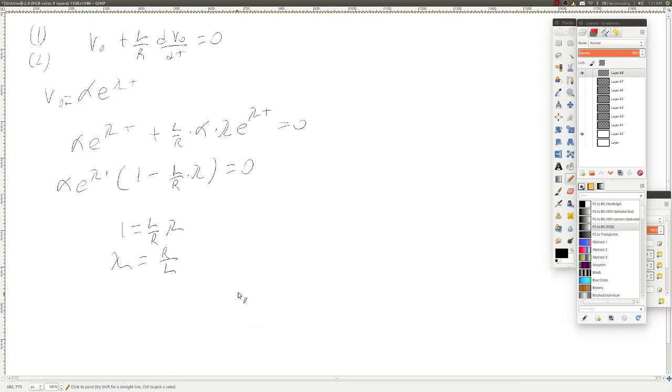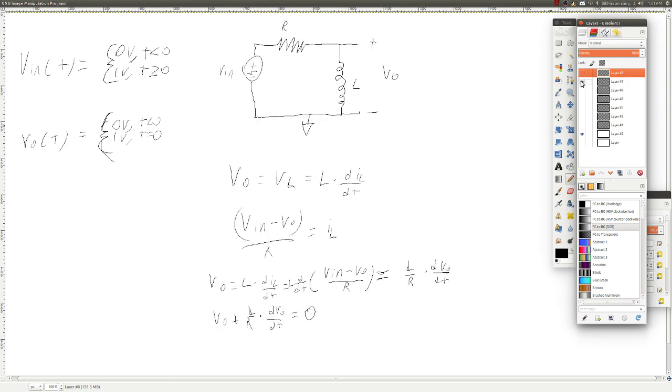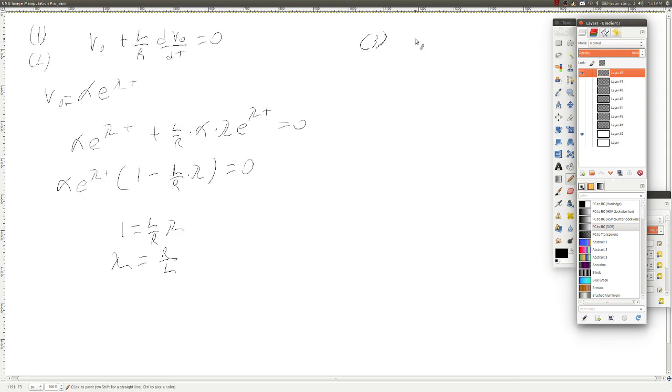We don't have a forcing term, so we can jump straight to step 3, which is our initial value problem. If we come back here, our initial value that we can use for t equals 0 is 1 volt. So we know that V out is equal to V in.